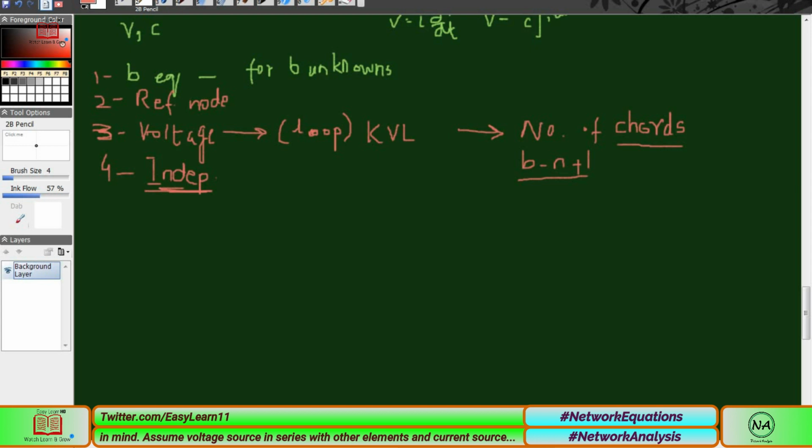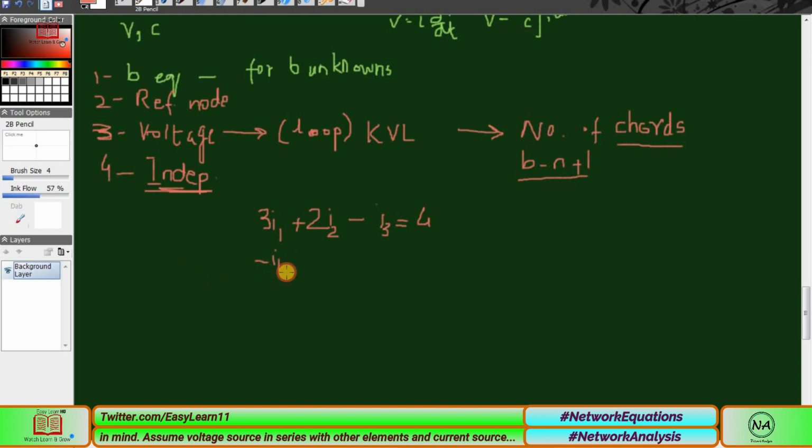Like I am going to represent the equation here. Just give me a minute so I can write it. 3i1 plus 2i2 minus i3 is equal to 4. This is our equation number 1.